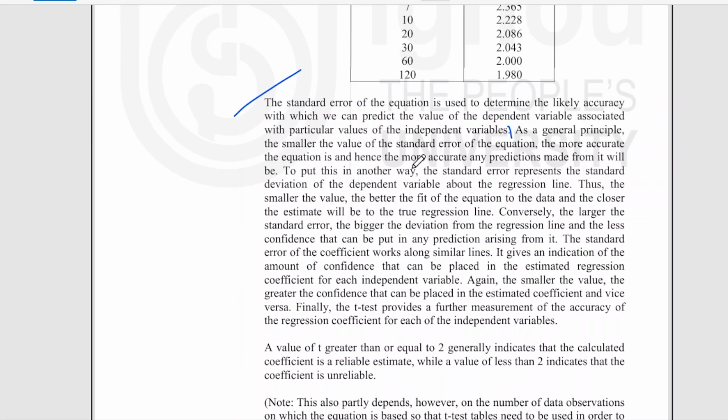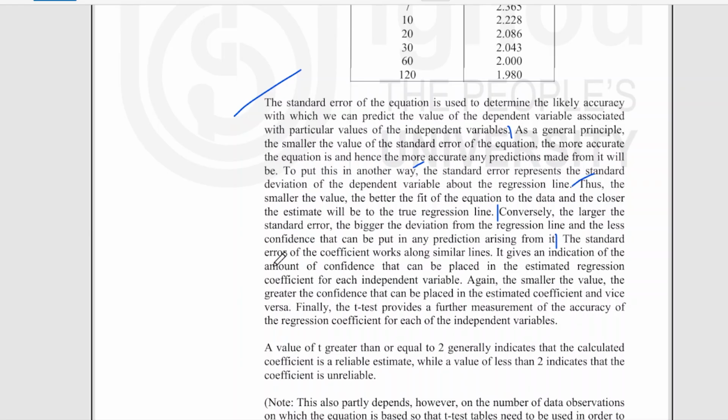Put another way, the standard error represents the standard deviation of the dependent variable about the regression line. Thus, the smaller the value, the better the fit of the equation to the data, and the closer the estimate will be to the true regression line. Conversely, the larger the standard error, the bigger the deviation from the regression line and the less confidence that can be put in any prediction arising from it.